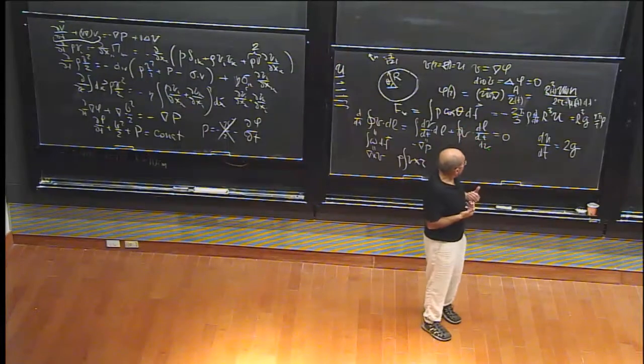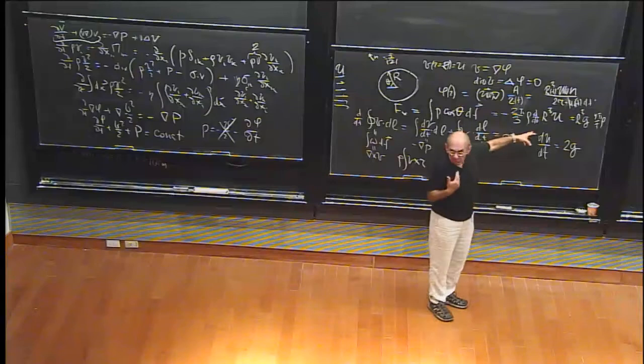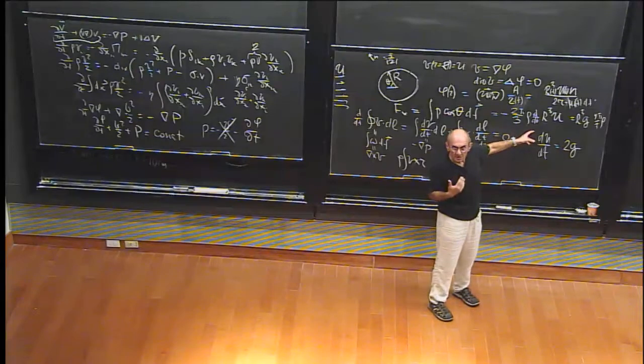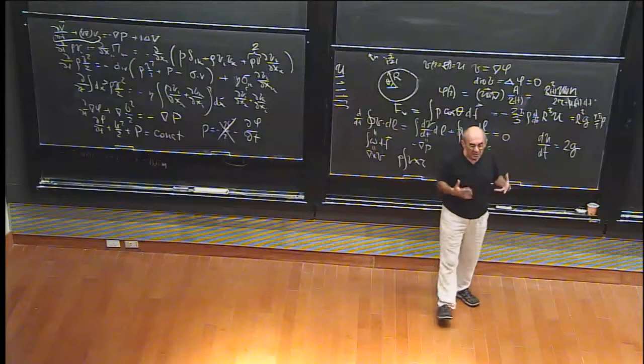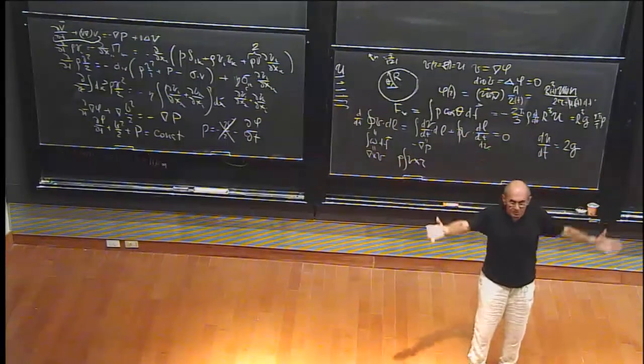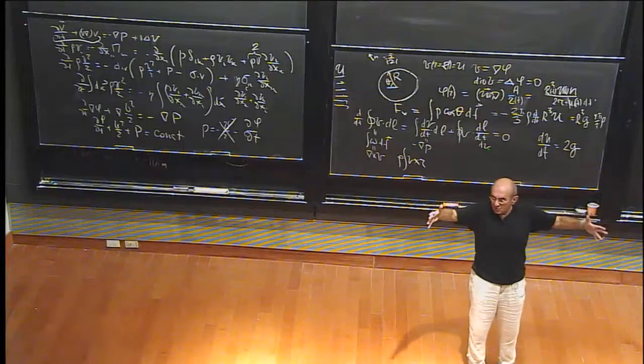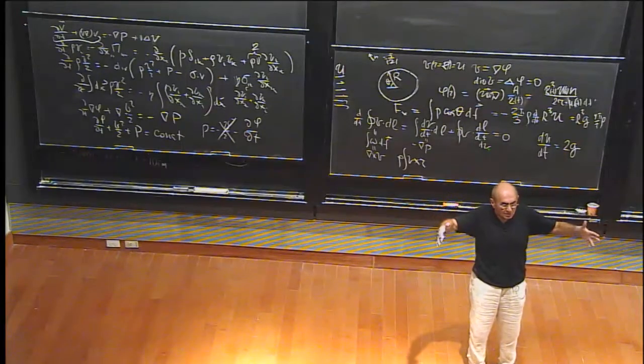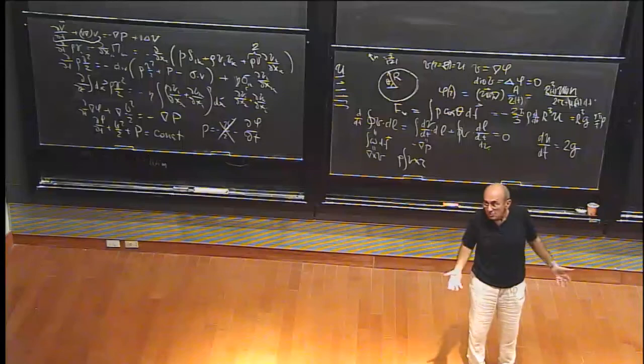Now, as I said, this is not d/dt of momentum, right? Because again, momentum depends on boundary conditions. If I enclose it in some vessel with non-moving walls, then my momentum is 0, right?